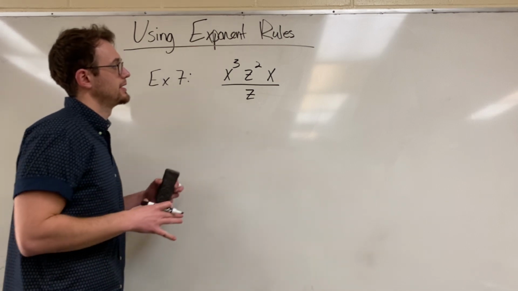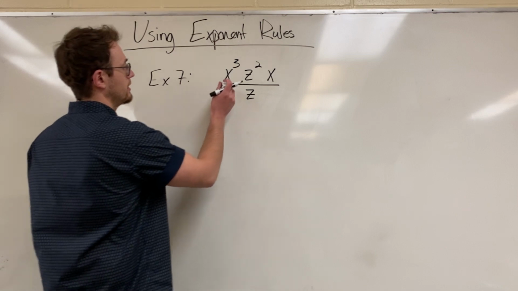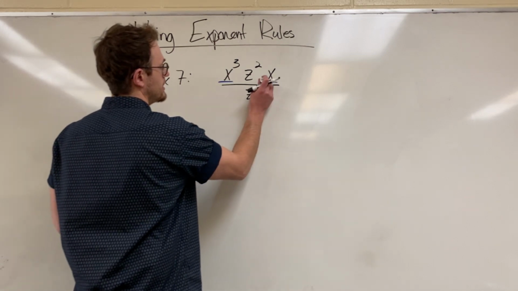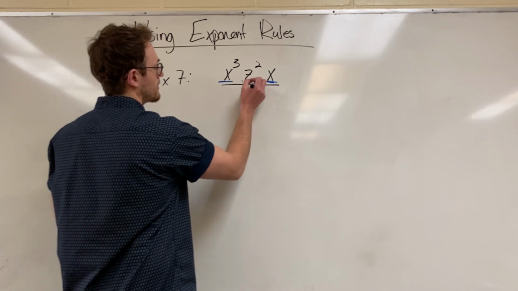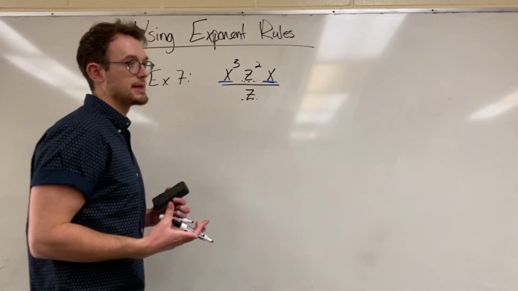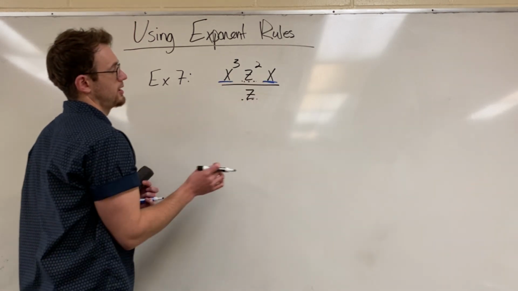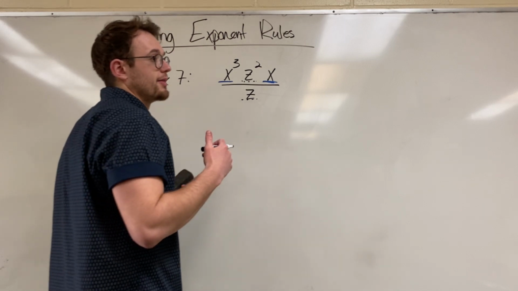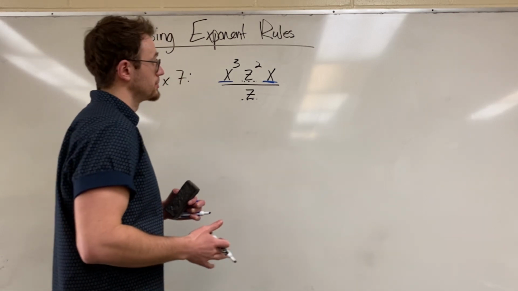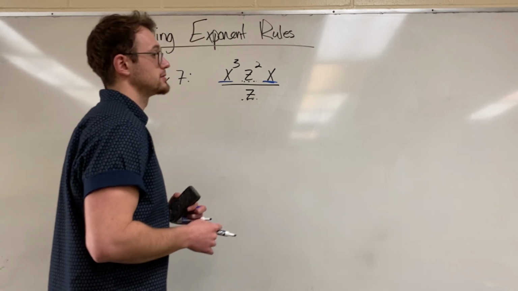I got this and this that I need to combine, and then I got these two same bases that I need to combine. The x's are both on top, and this is all multiplication. Remember, when things are right beside each other, that's multiplication. If you don't see a minus or a plus, then they're being multiplied.